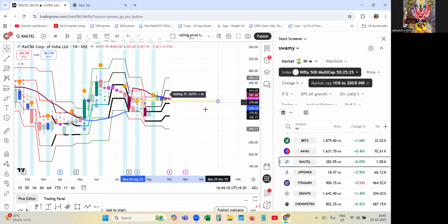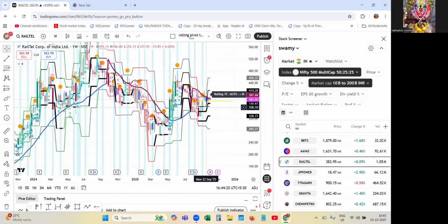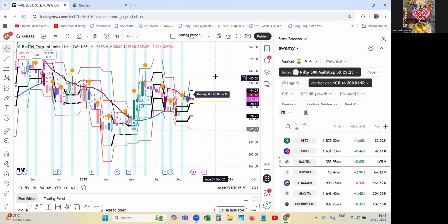Railtel, you can consider for a short swing from 370 to 473. It's not a bad idea. 100 points, 3.8 means it's good, you have 24 to 30 percent you can gain in this. So you can consider quarantine like this, Railtel.